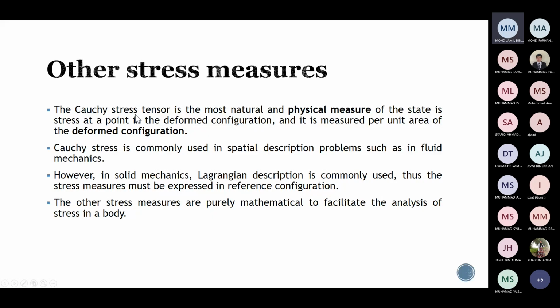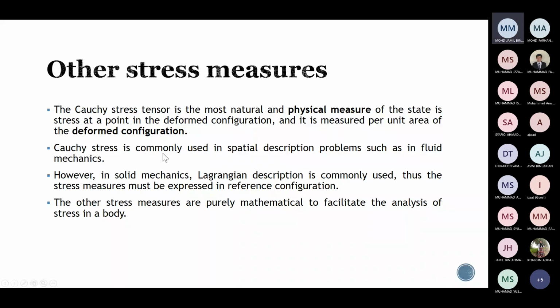The Cauchy stress tensor is the most natural and physical measure of the state of stress at a point in the deformed configuration, and it is measured per unit area of the deformed configuration. So the Cauchy stress tensor depends on the deformed configuration.